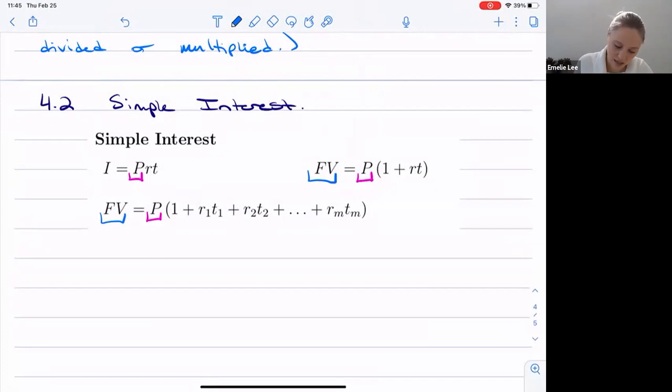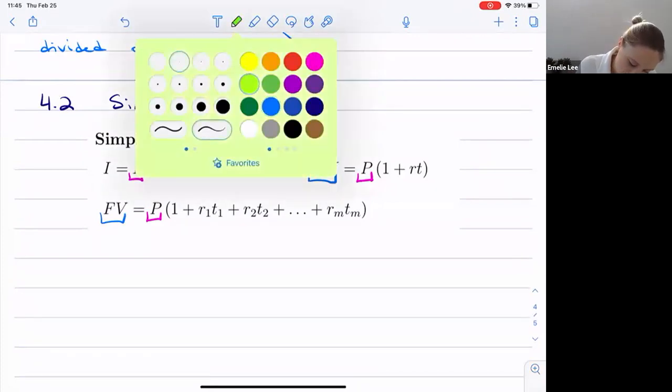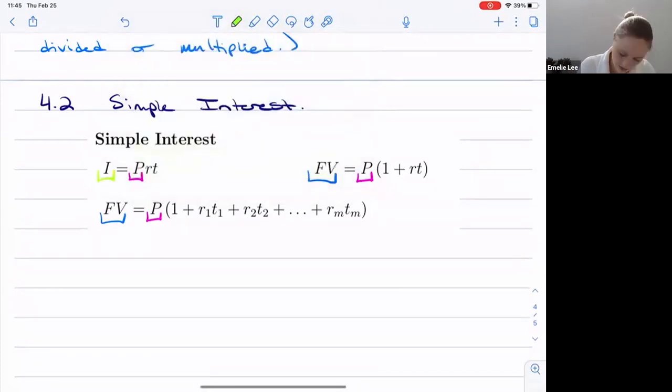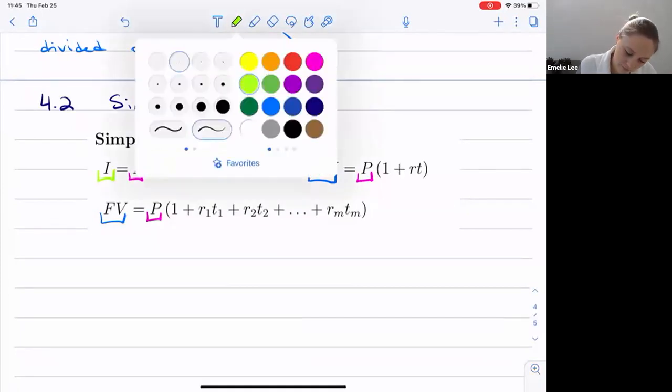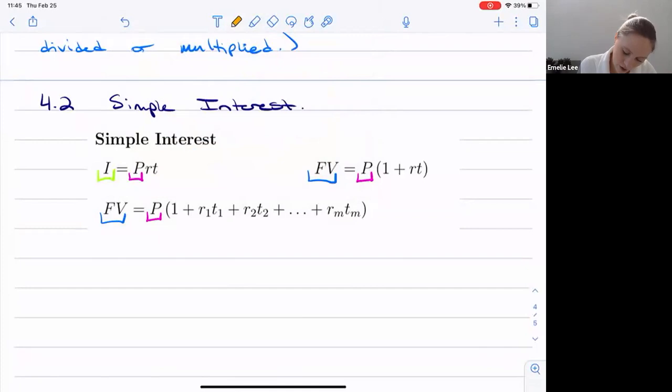And so I is on its own, so I'll use a neon green there. R, just plain old R, shows up in two of these equations. Notice that R1, R2, Rm are also rates.